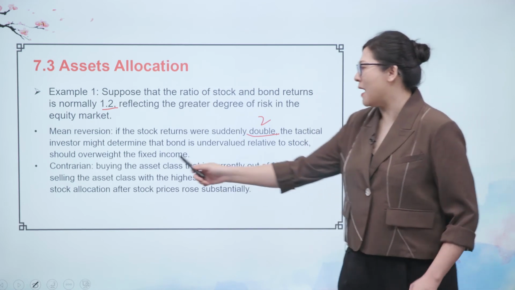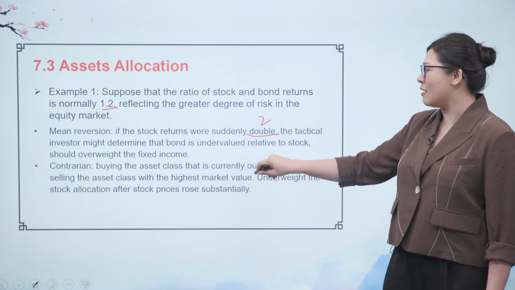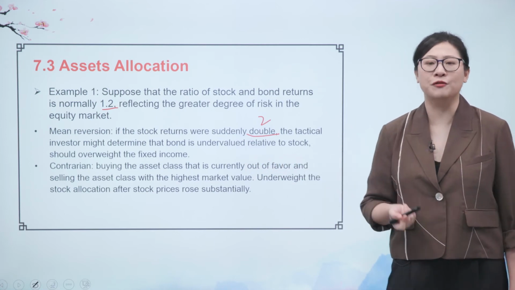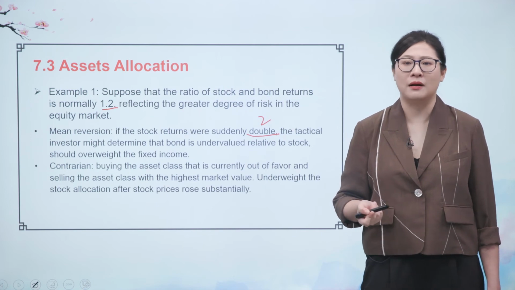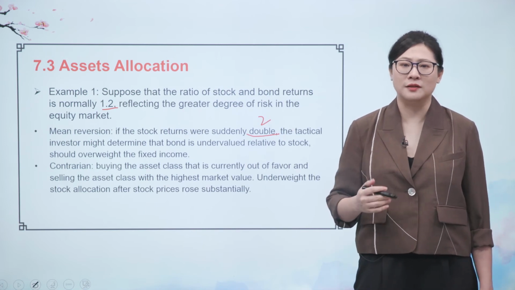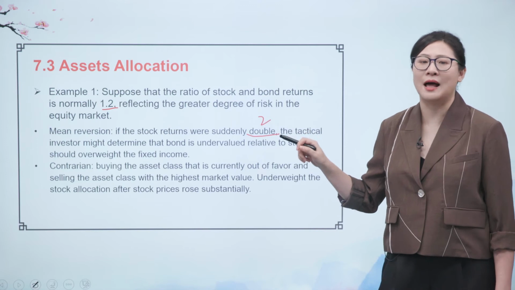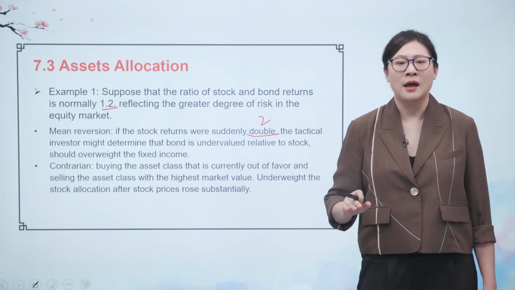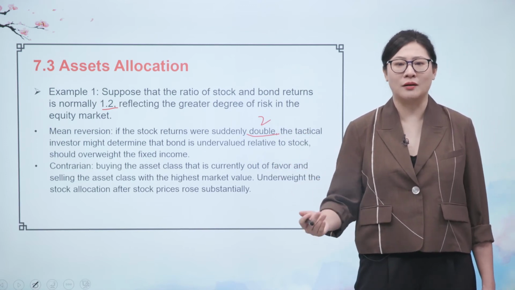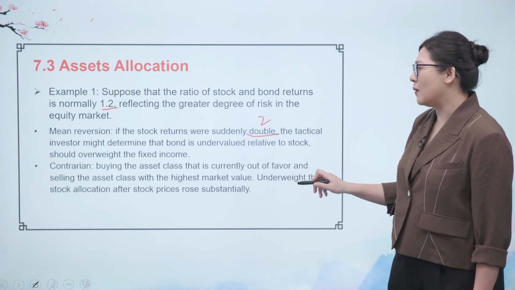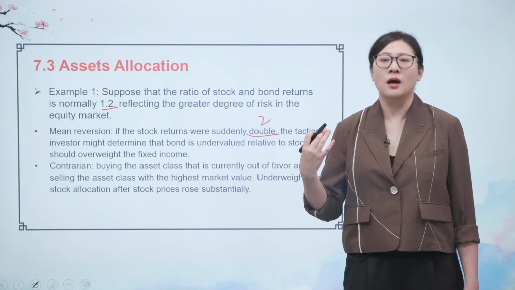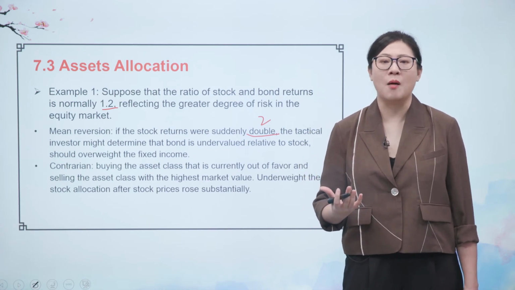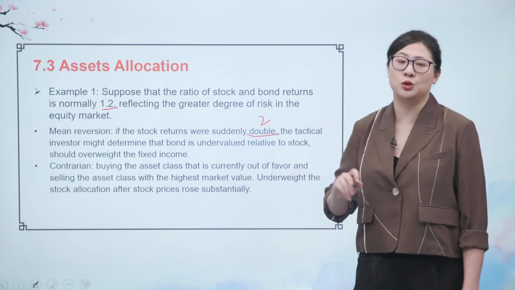So you will buy the asset class that is currently out of favor and sell the asset class with the highest market value. So it definitely will think that the stock has the highest market level and sell the stock. So they will underweight the stock allocation and overweight the fixed income. So both of them have the same strategy.